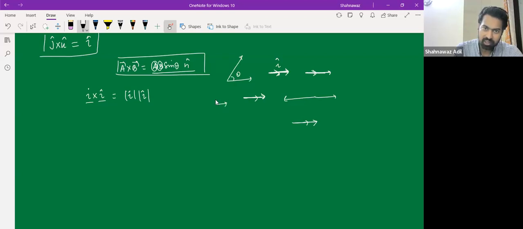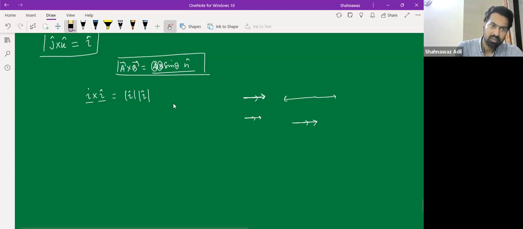This is a 90-degree angle. This is, let's say, greater than a 90-degree angle, and this is a 180-degree angle. So what about this angle? This is 0 degree, right? So I and I make a 0-degree angle.